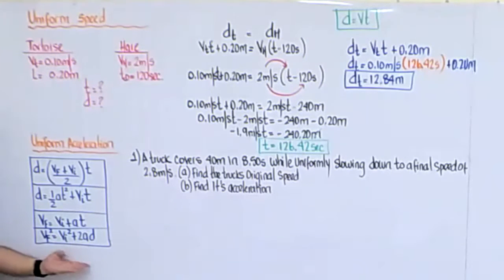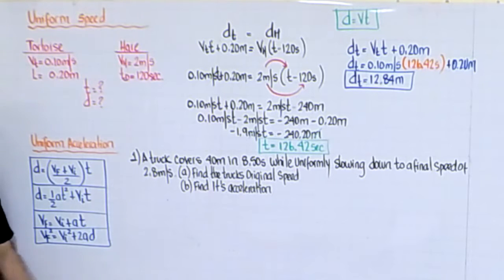In this kind of problem, it's easier to identify uniform acceleration versus uniform speed because most of the time there's going to be a change of the velocity. Remember, df represents final velocity, di represents initial velocity, t represents time, d represents distance, and a represents acceleration. Remember, acceleration is the change of velocity divided by time.